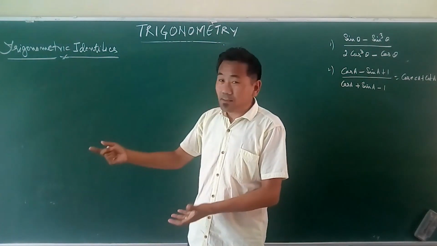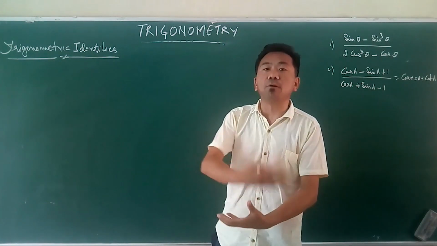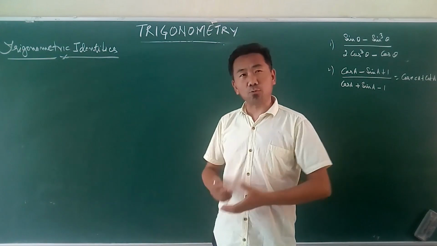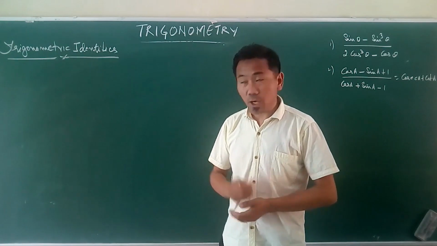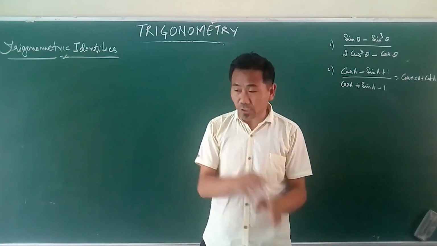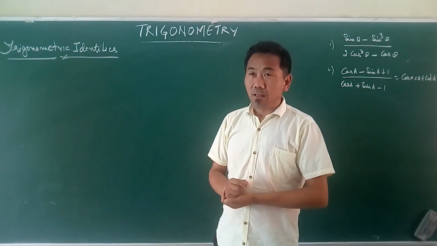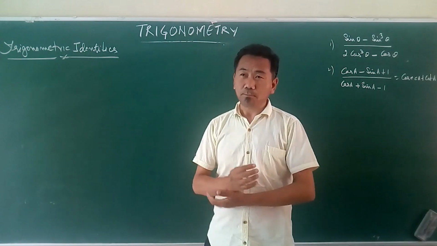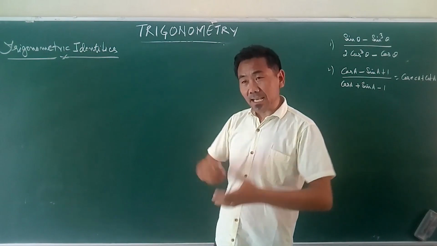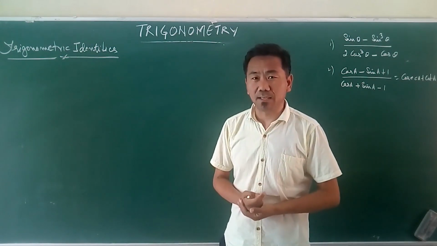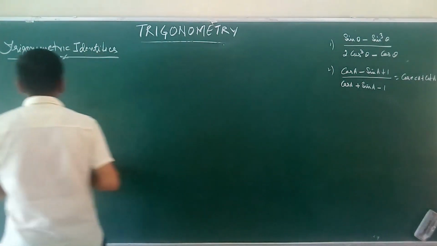An identity means an equation, but a trigonometric identity means an equation involving trigonometric ratios, and we have already learned about the 6 trigonometric ratios, and we are going to use these ratios in an equation which we call a trigonometric identity. Now, before we move to the examples using the trigonometric identities, let us derive some of the important trigonometric identities. Okay, let's see.